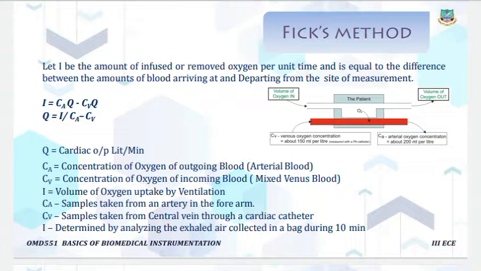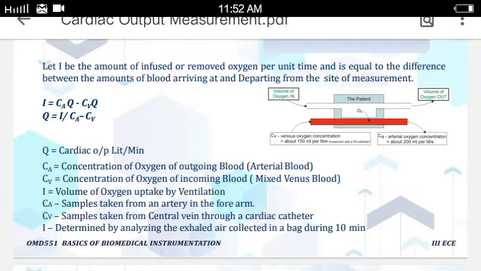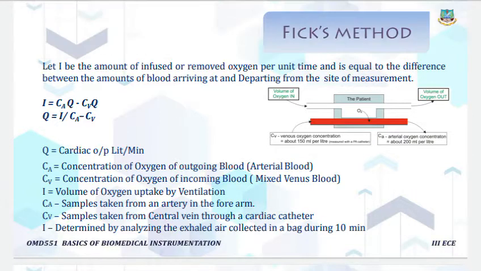So I is equal to Q times (Ca minus Cv), where Q is the cardiac output. Ca is the concentration of oxygen of the outgoing blood. Cv is the concentration of oxygen of the incoming blood. I is the volume of oxygen uptake by ventilation.